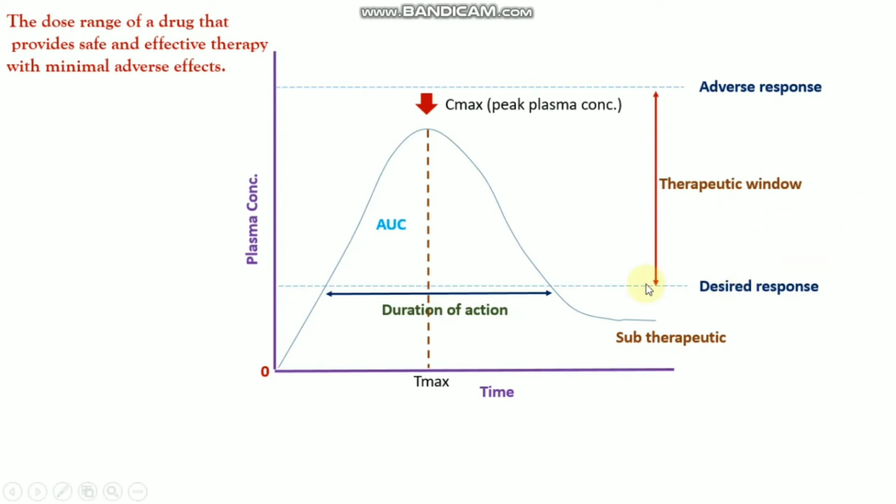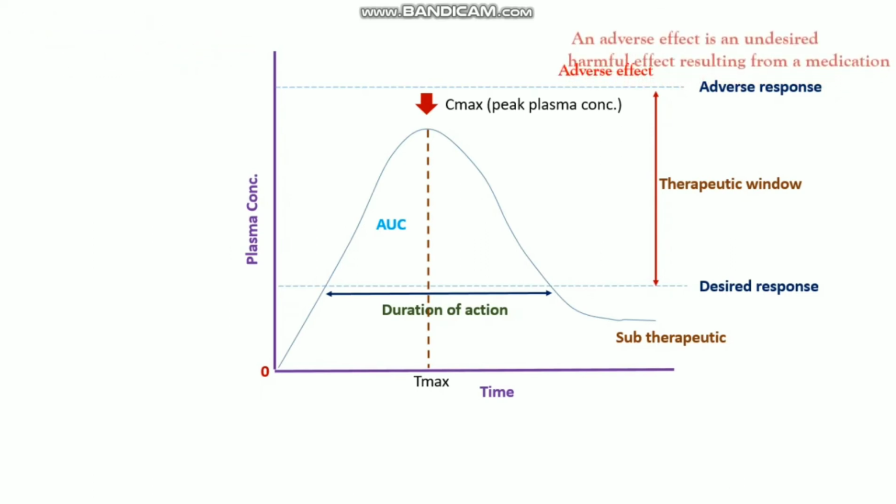So when the drug dose ranges in this field, in the therapeutic window, then it is actually safe for use and it does not show very high adverse effects.